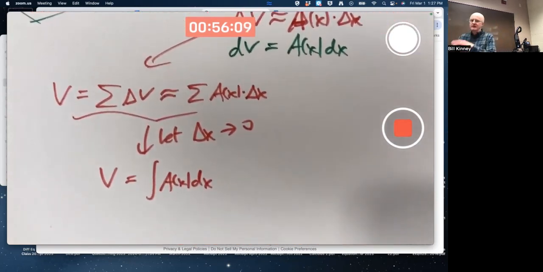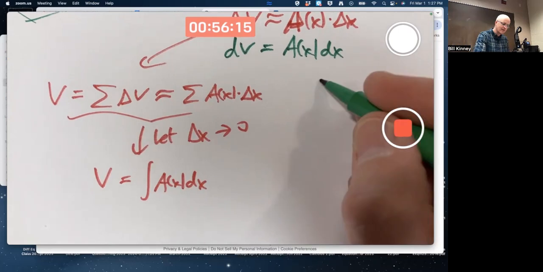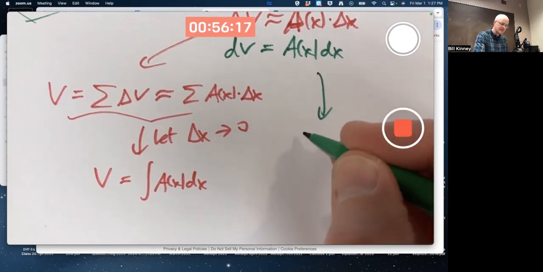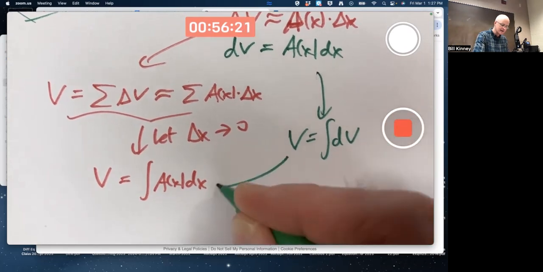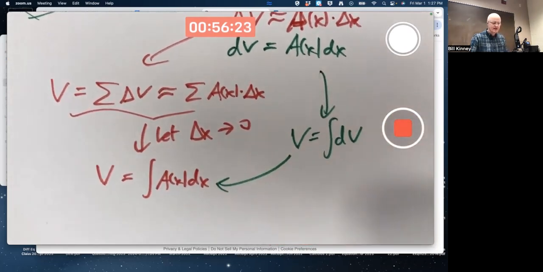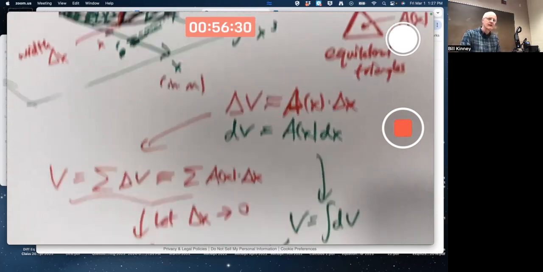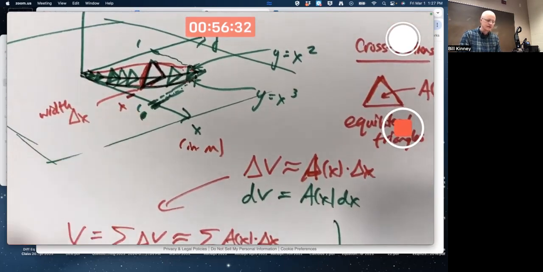The delta morphs into a d, and the summation sign morphs into an integral sign in your imagination. With the conceptual equation, convenient fiction approach, the volume is the sum of little volumes. You get to the same answer in the end. But then you remind yourself, hey, I needed to do a definite integral. So what does x vary over? It varies over the interval from 0 to 1.